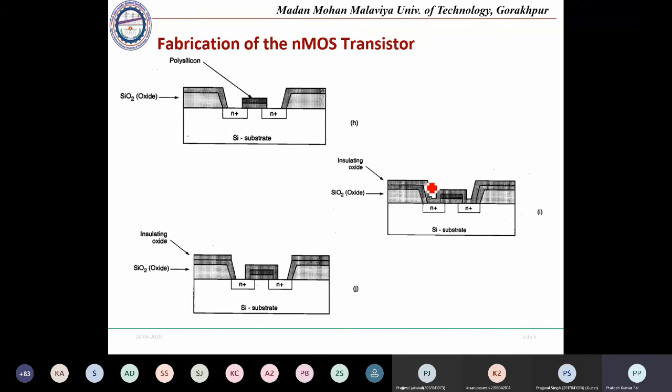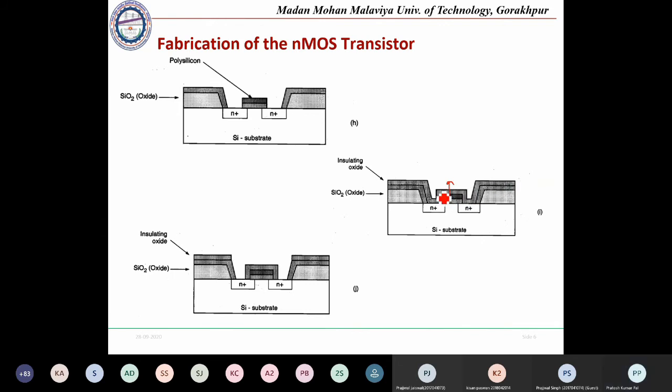Once we have deposited the polysilicon layer in the complete substrate region, we only need polysilicon in the gate region. So by leaving behind the gate region polysilicon layer, all others are removed.